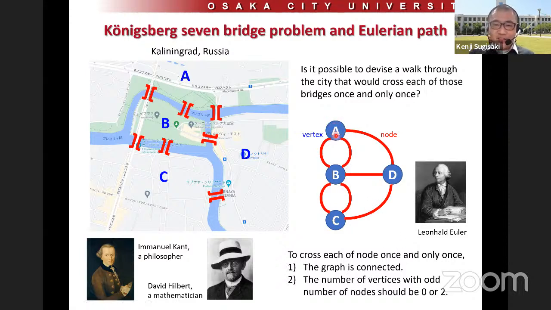This vertex A has 3 connected edges, and this B has 5 edges. This C has 3 edges, and D also has 3 edges. So in this case, the number of vertices with an odd number of edges equals 4. So it means that crossing each edge only once is impossible for this graph.